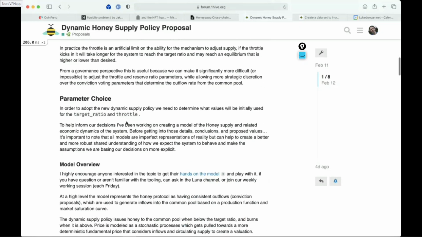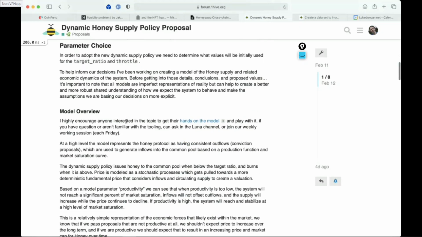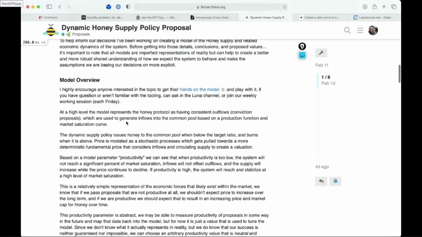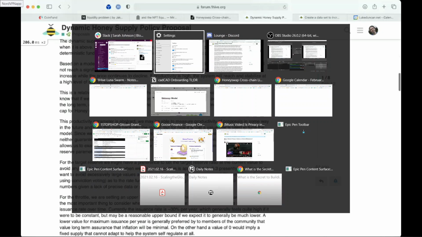Even though this is a total simulation with a bunch of assumptions, and we didn't pull in a lot of on-chain data, we could over time supplement the model with actual data as people interact with the protocol and pass more proposals.